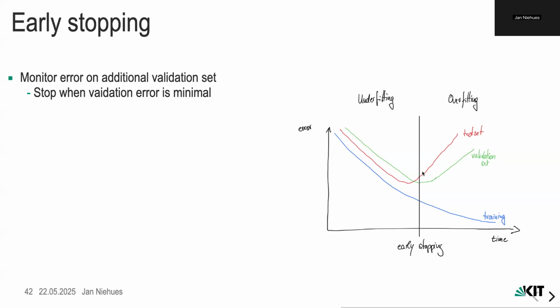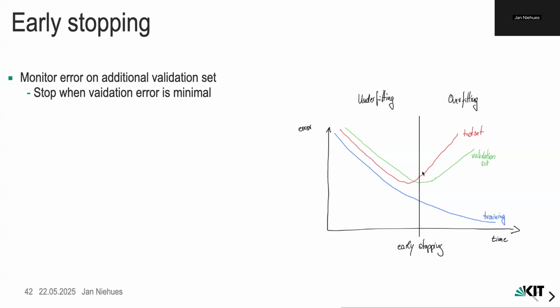Once it goes up again, you take the model with the lowest error on the validation data as your final model, and that's your stopping criterion. Of course, you only know that this one is the final one somehow later, so you have to store that this one was the best.